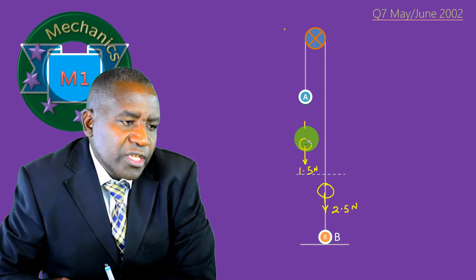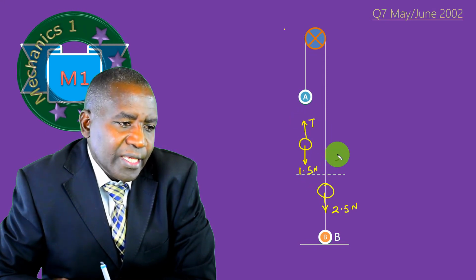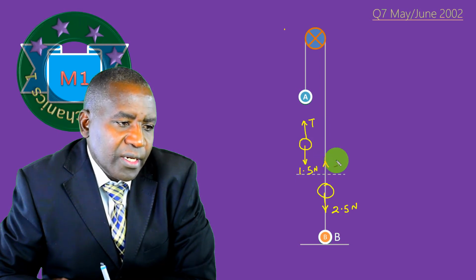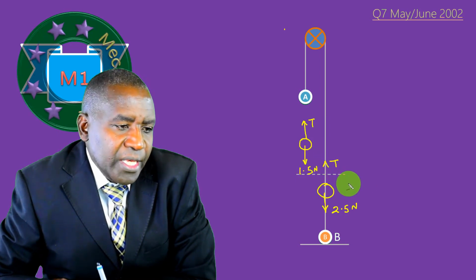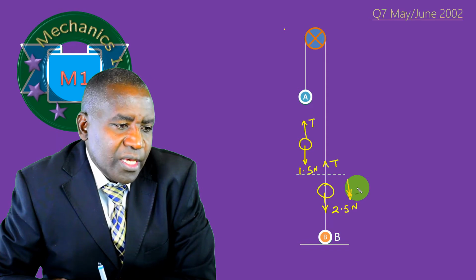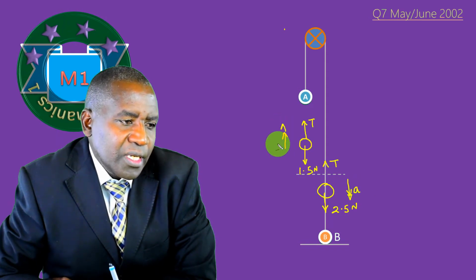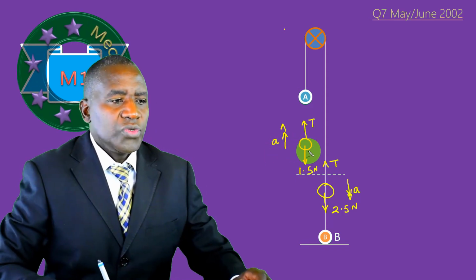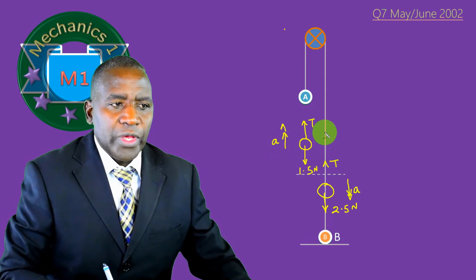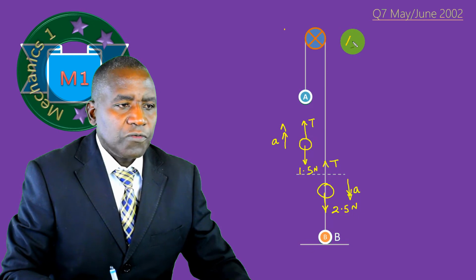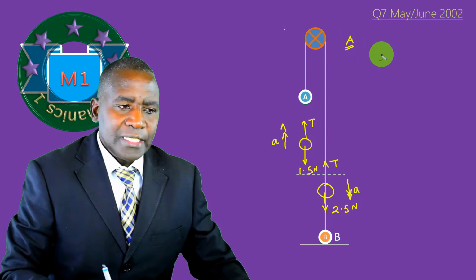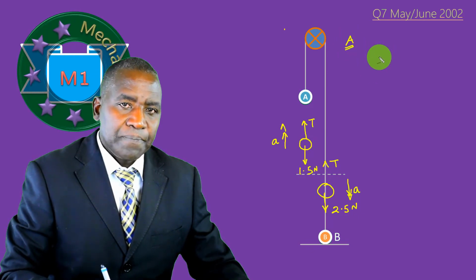There is tension in this string like that, and over here like that. B is accelerating downwards, A is accelerating upwards. So I'm going to use F = ma for A. For mass A, the resultant force is equal to ma.